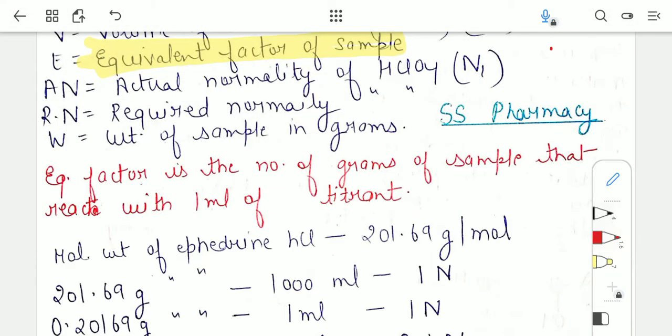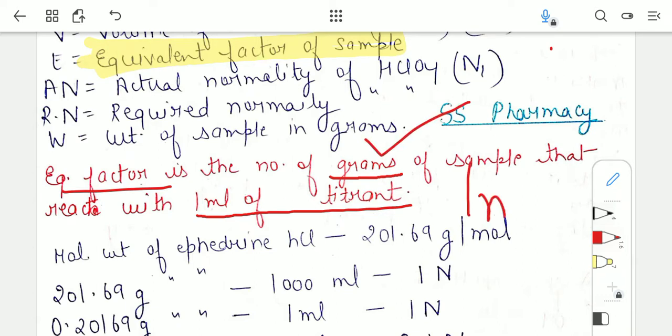Therefore we will calculate how many grams of ephedrine hydrochloride are present in 1 ml. That is what we are going to calculate.